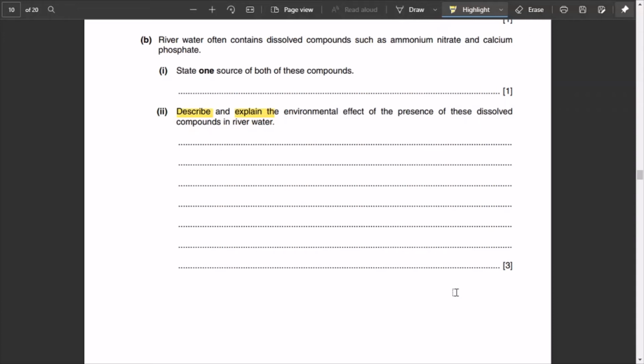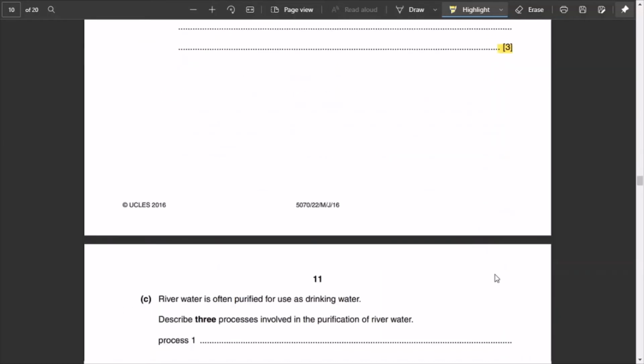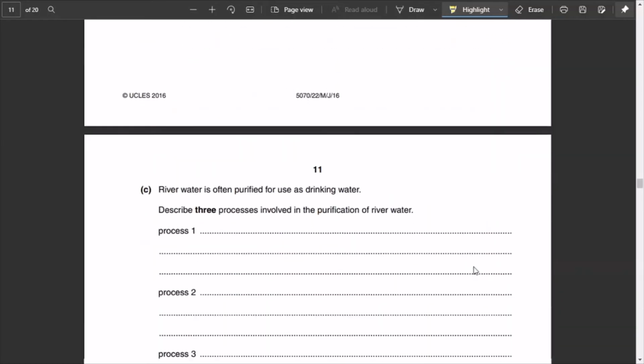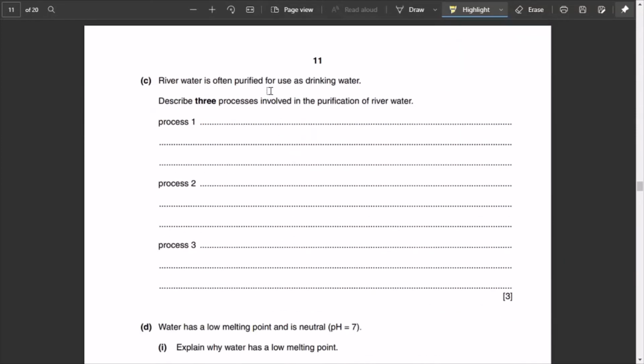Hence these plants die. And at night they take up the oxygen dissolved in the water. Hence the organisms inside the water also die because they don't get sufficient oxygen. This whole process is known as eutrophication. So you're supposed to write all of these points and easily you'll get 3 marks.